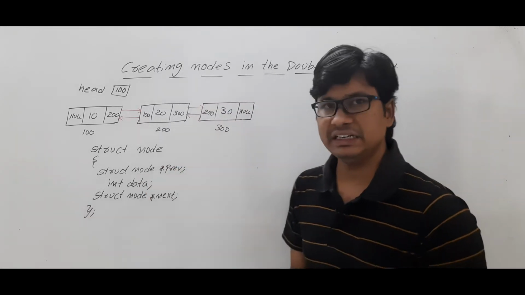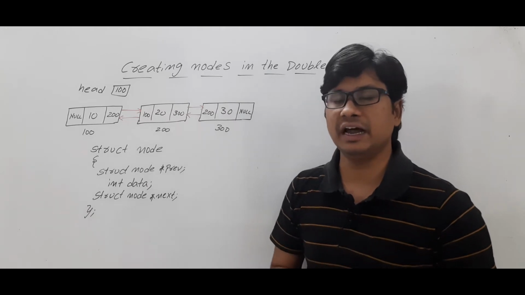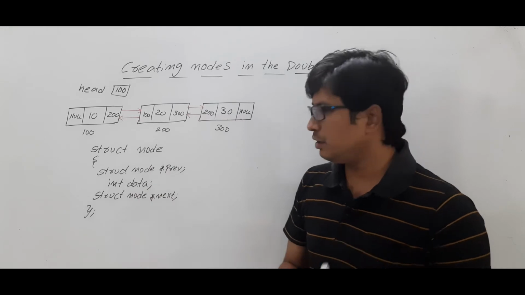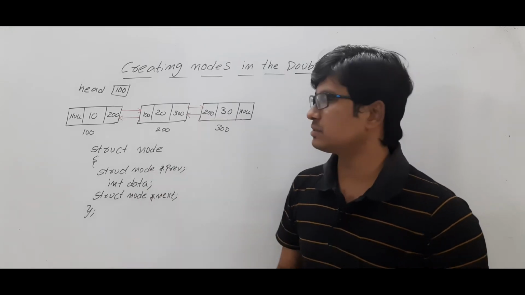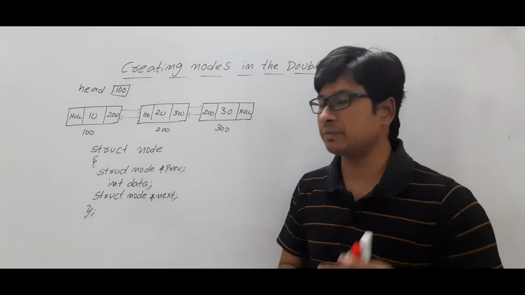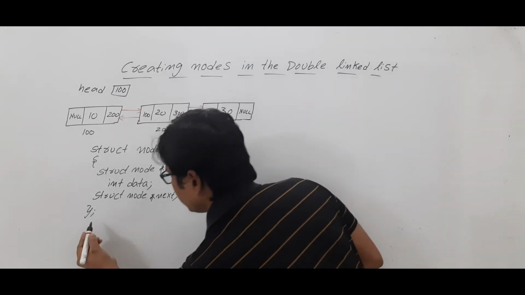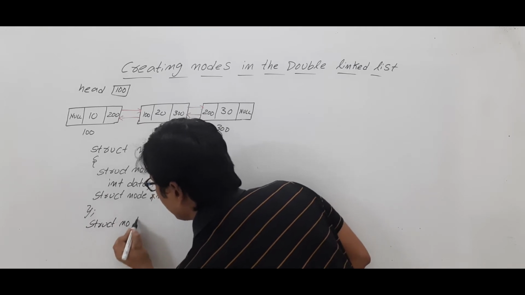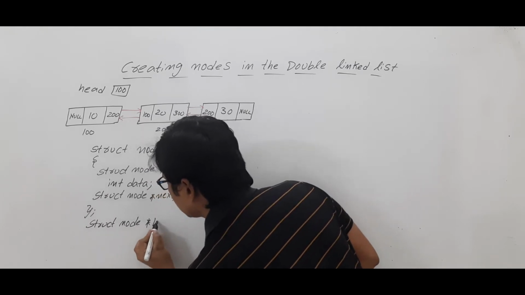If I have defined a structure, memory will not be allocated until I declare the variables of the structure. Now I need two pointers. One is the head, another one is tail. I will discuss the purpose of that later. So I will declare two pointers of struct node type.